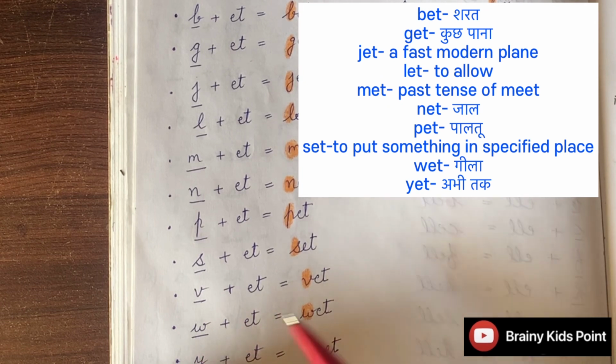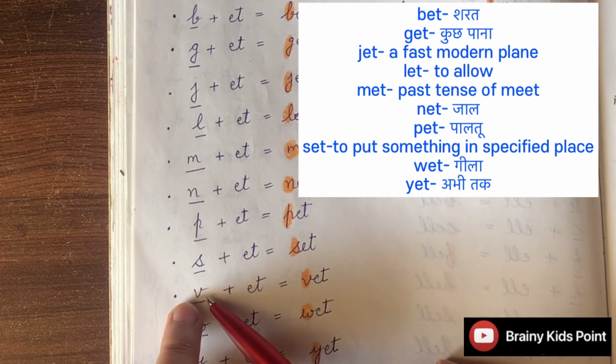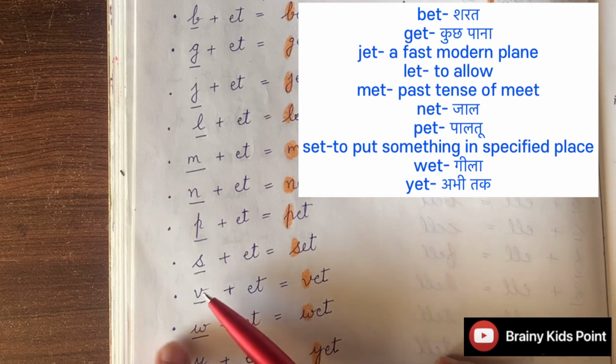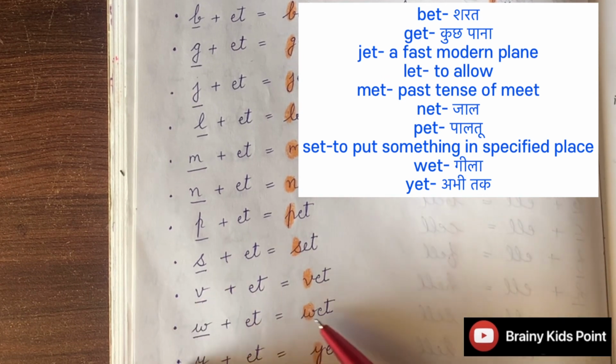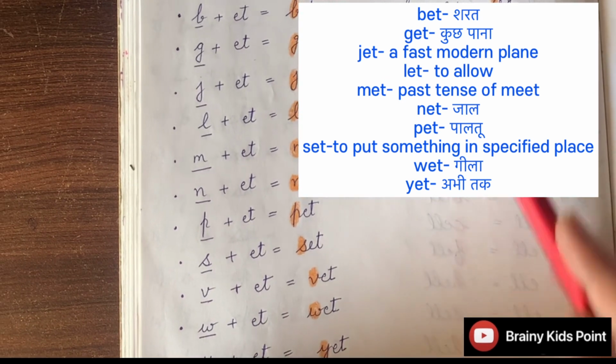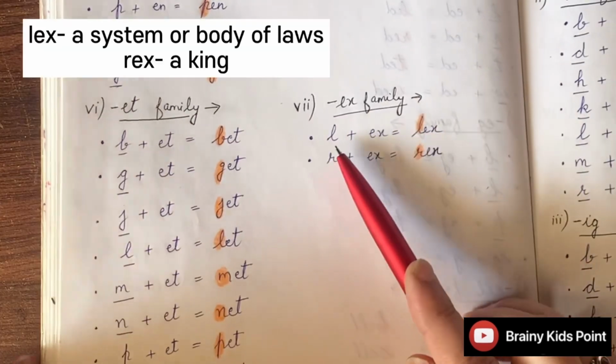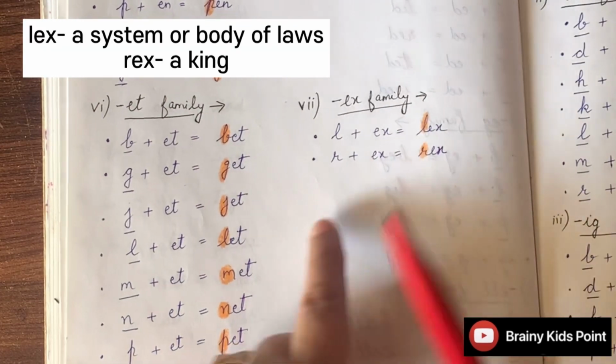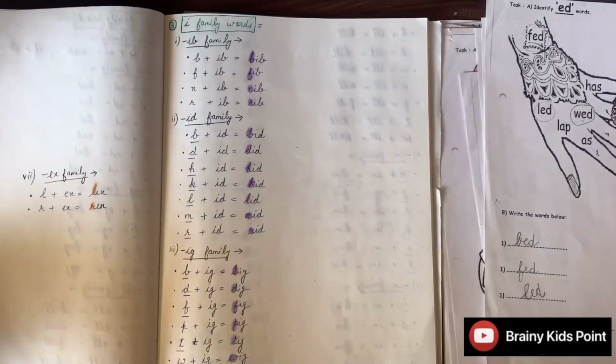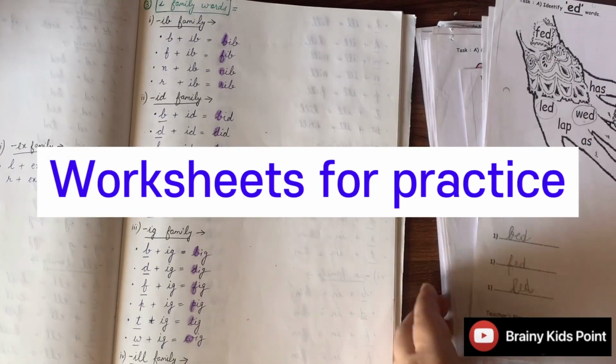The sound of V is v and the sound of W is w. V at vet and w at wet, y at yet. And the last, X family. L X lex, R X rex. Today we will quickly do the worksheets of these.